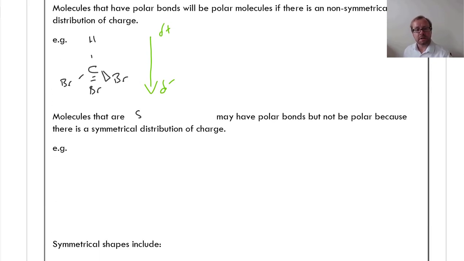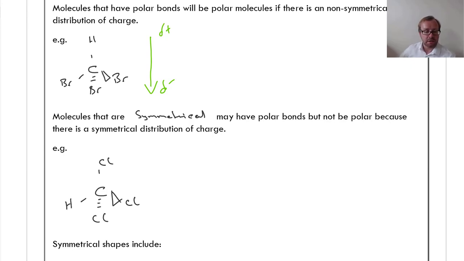So molecules that are symmetrical may have polar bonds, but not be polar because there is symmetrical distribution of charge. E.g., we would think that with this molecule, because chlorine is much more electronegative than carbon, we would get polar bonds in a polar molecule.